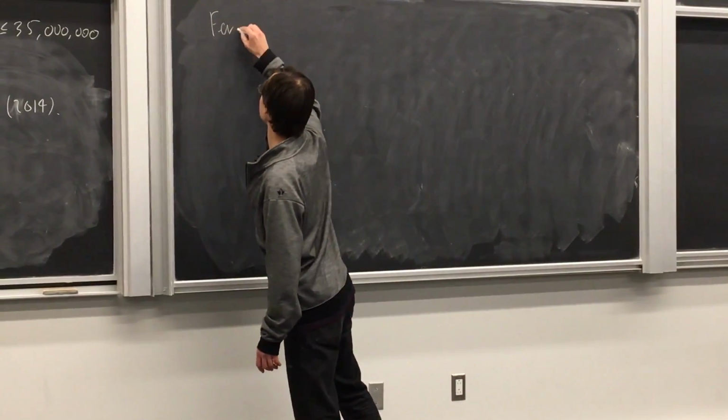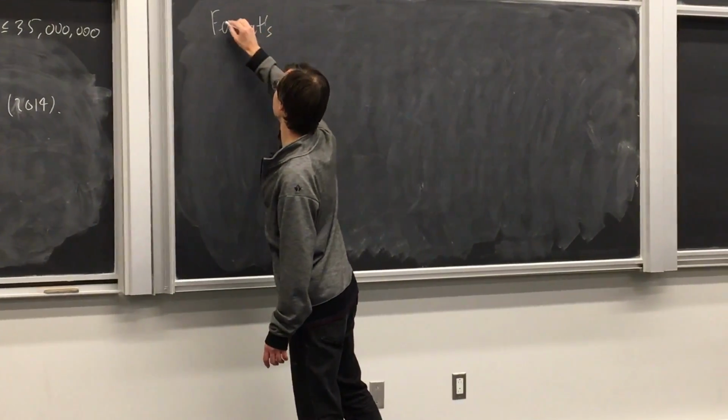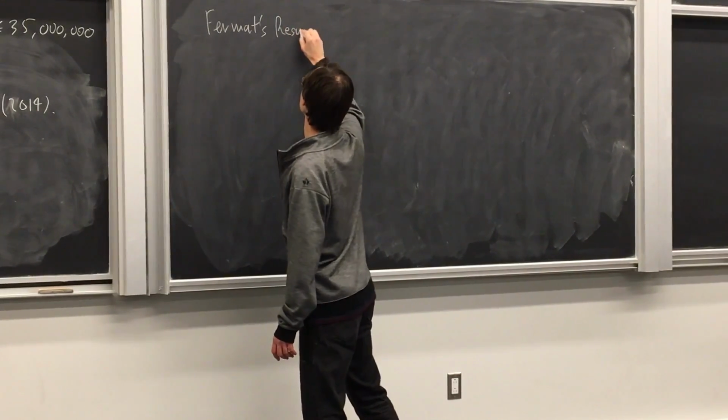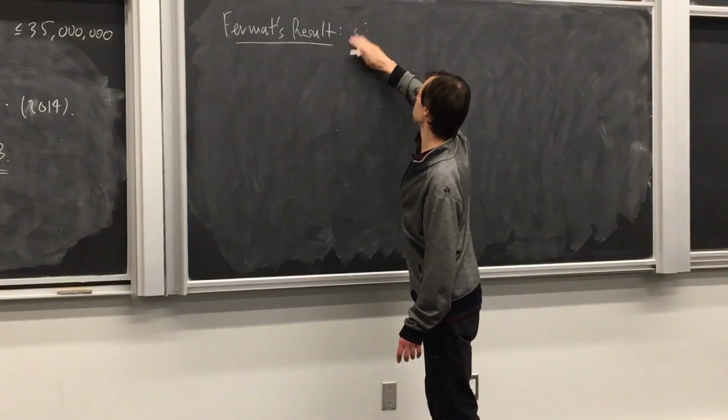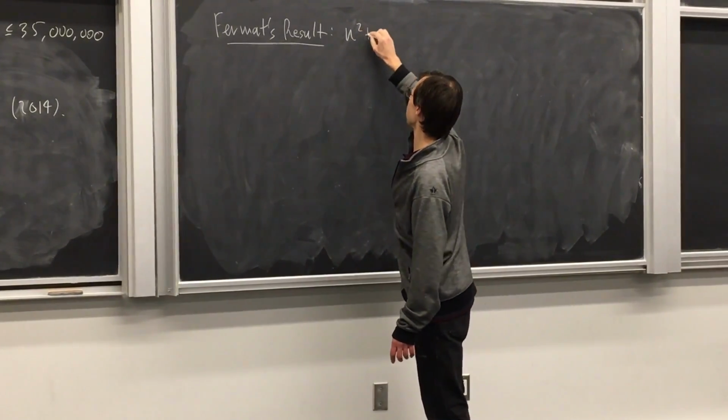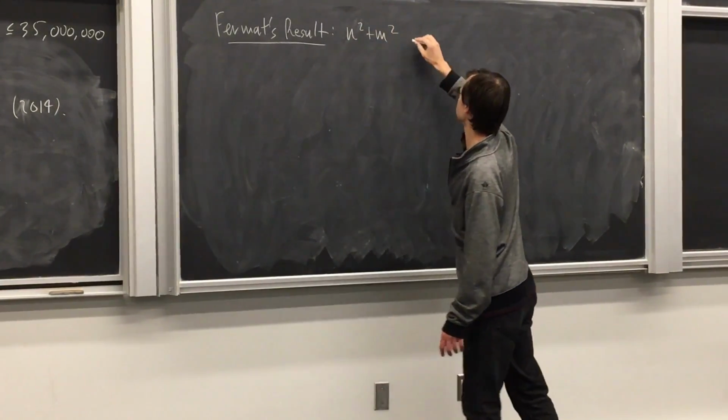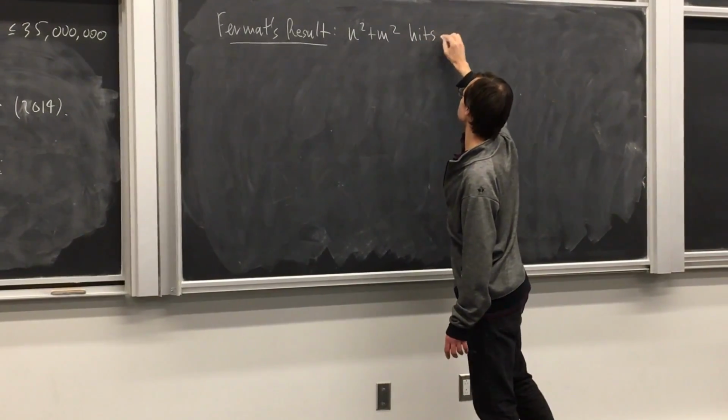So Fermat's result is that n squared plus m squared hits infinitely many primes.